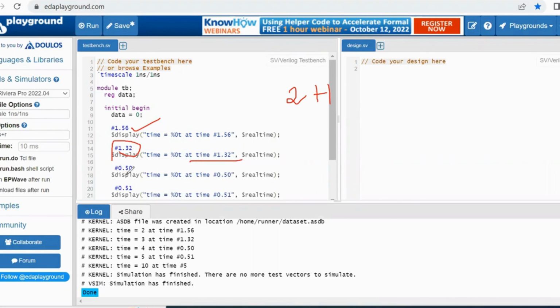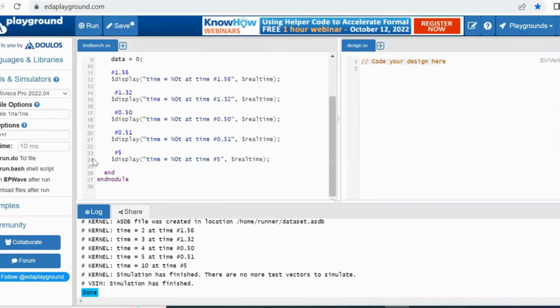Next 0.5 into 1 is around 1, so 3 plus 1, at the 4th time unit we display this statement. Again 0.51 we round off to 1, so 1 plus 1, at time unit 5. Next one is 5, 5 into 1 is 5, so plus 5, at 10 time units the last display statement will be executed.